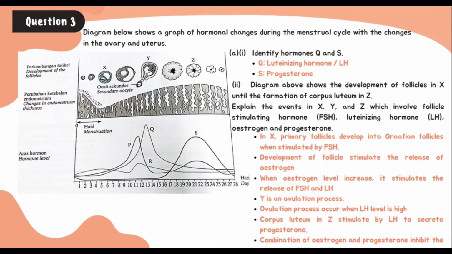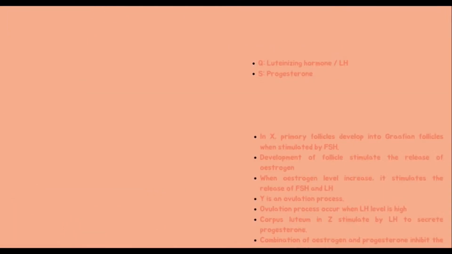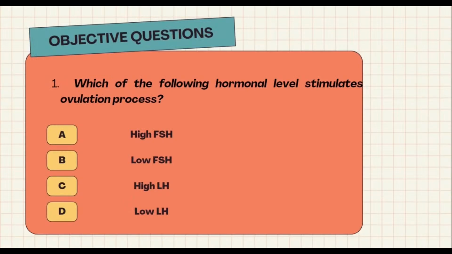Now let us continue with the next question. The next question is the objective question. Which of the following hormonal levels stimulates the ovulation process? The given hormones here are FSH, follicle stimulating hormone, and LH, luteinizing hormone, with different levels.